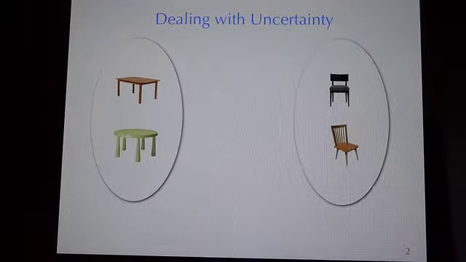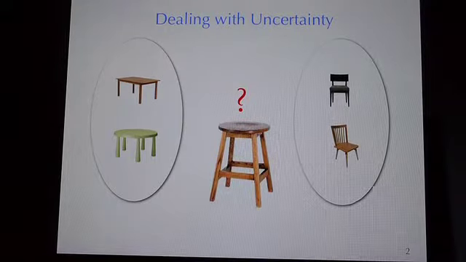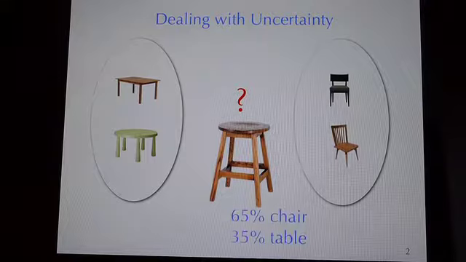Now, what happens if a model receives an input item like this? What do you think this is? Which category do you think this belongs to? This, I hope you agree with me, is not a very clear-cut case. So this might look kind of 65% like a chair, but also it could be used as a side table, but with less certainty.